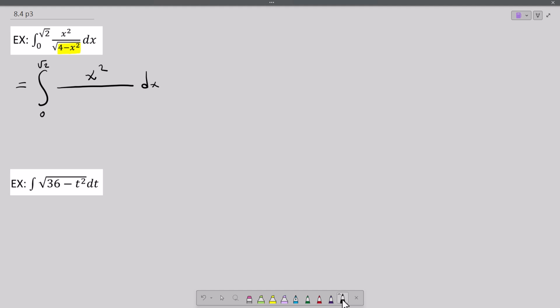And you say to yourself, well, there's no 4 with the x squared. We can create one. We're very good at creating things. So I see this in my mind as 4 over 4 x squared.